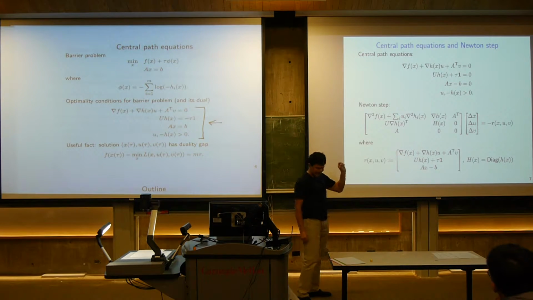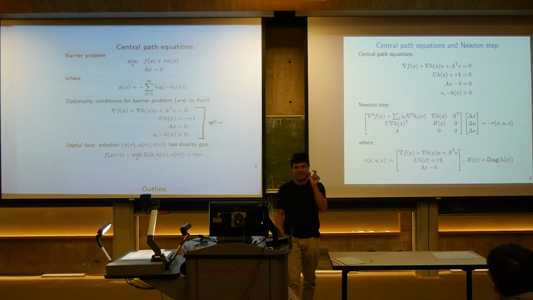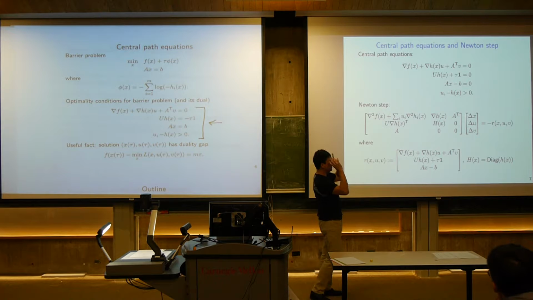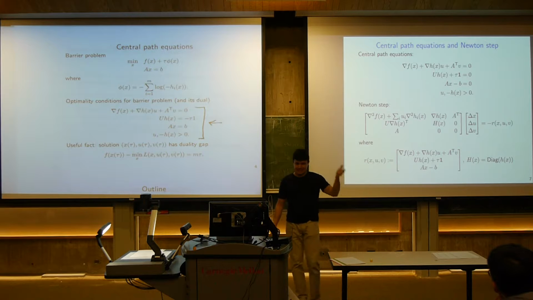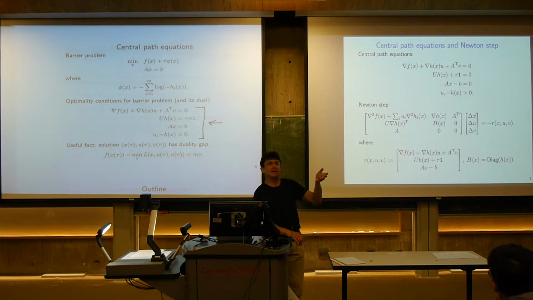But unlike the barrier method, where you can think about Newton's method for a linearly constrained problem, here it turns out to be more appropriate to think about Newton's method as a method for root finding. So think about the first three equations as a nonlinear system of equations. And our goal is to solve that system of equations.